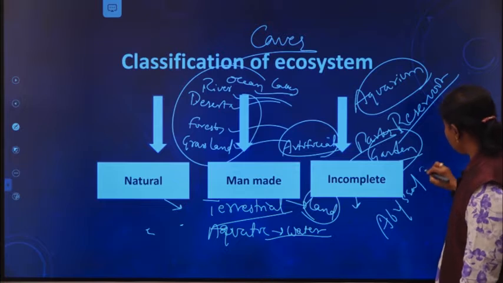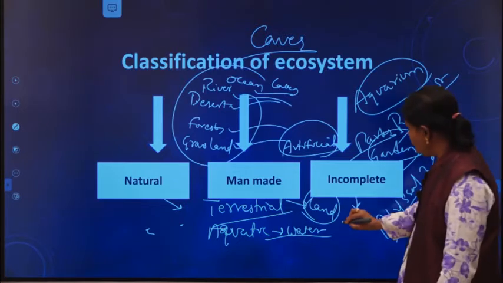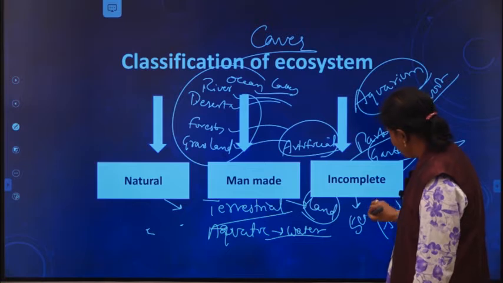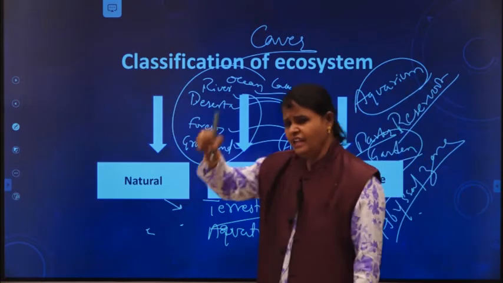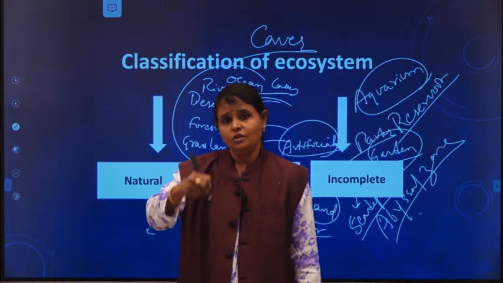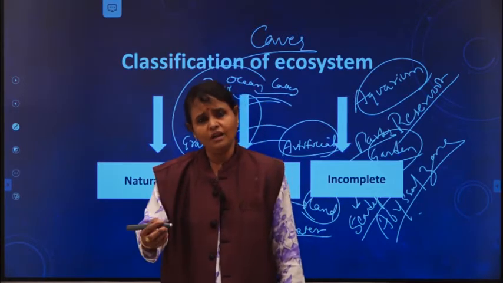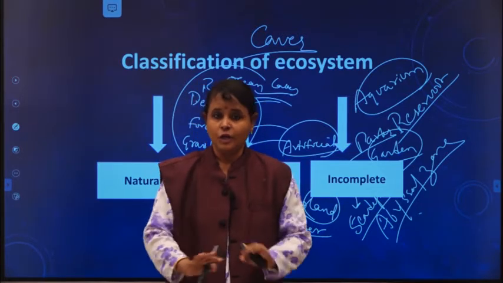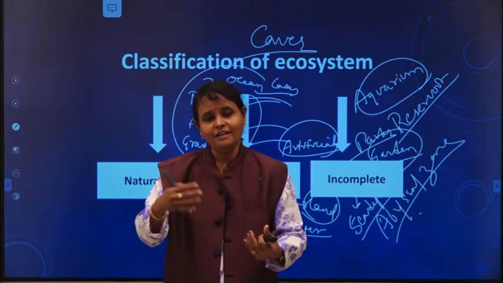Another example. Abyssal zone. You can say sea depth. Suppose ocean is there. You go very deep into the ocean. See, 2000 meters, 4000 meters or 6000. What will happen? Complete darkness. No light. Light penetrates up to certain extent. Later the light disappears.